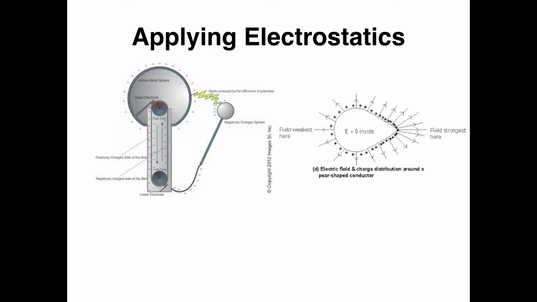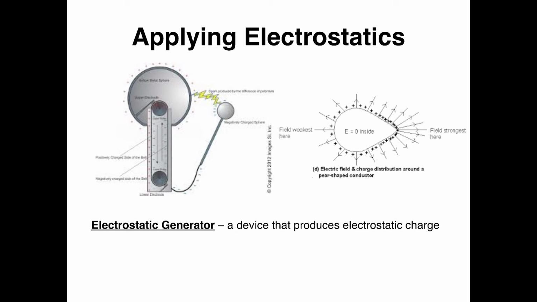On the left here is what's called a Van de Graaff generator, and it's a generator of static electricity. An electrostatic generator is a device that produces electrostatic charge, and it does that by rotating a belt that is charged on one side positively and charged on the other side negatively, and this motion of the belt through the globe causes the globe to become charged.